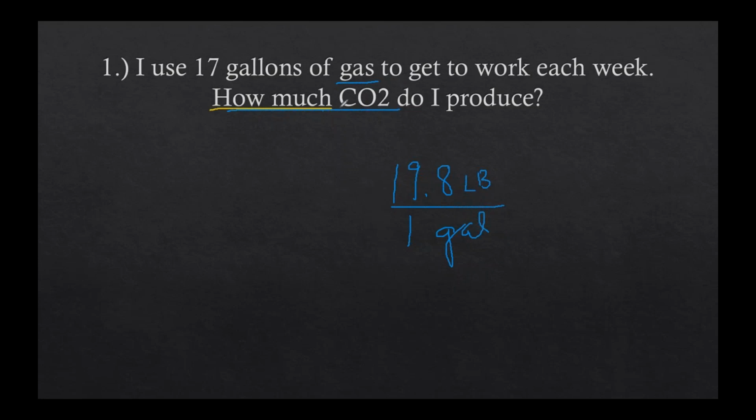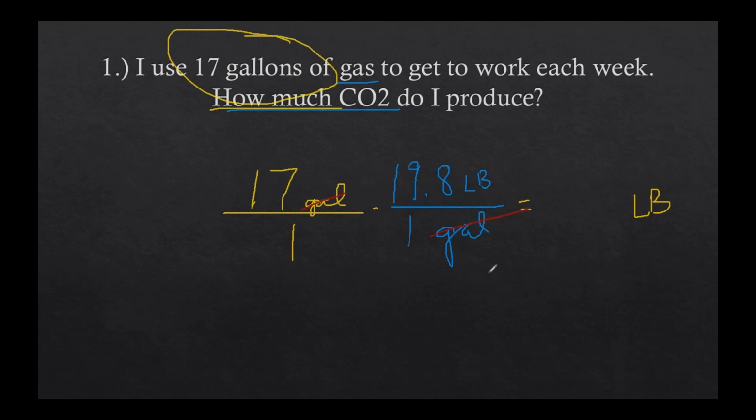So then you can say, okay, the question is how much CO2. So I know that my final answer is going to have a label of pounds because CO2 is measured in pounds. So my goal is to get rid of gallons because I need to reduce top to bottom, just like we did in sections 10 and 11. So that's how my 17 gallons over 1 comes at the beginning, right? That makes my gallons go away.